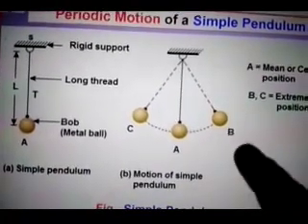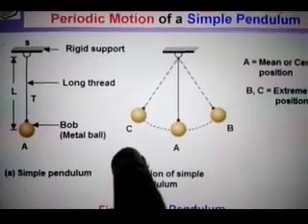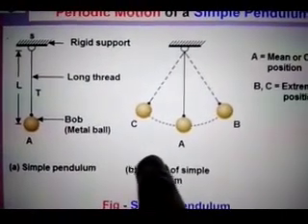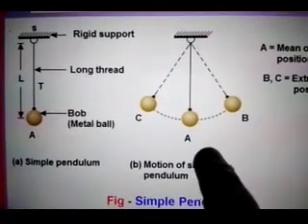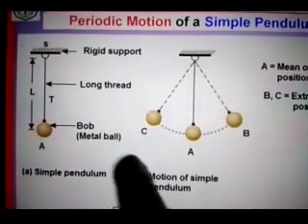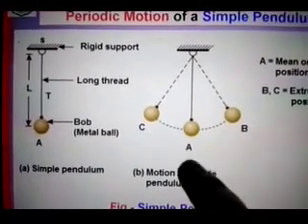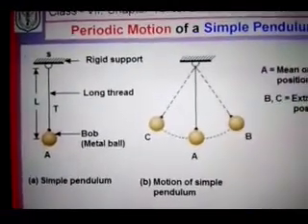B is called the to position and C is called the fro position. What is the meaning of periodic motion? Again I repeat, periodic motion means an object travels from one end to another end along its mean position. Such oscillations are called periodic motion.